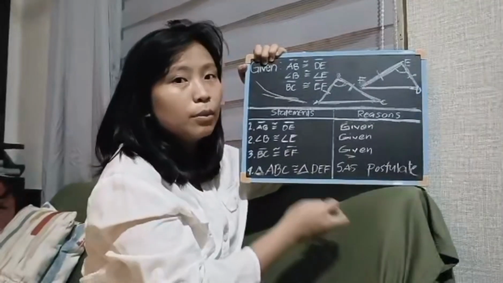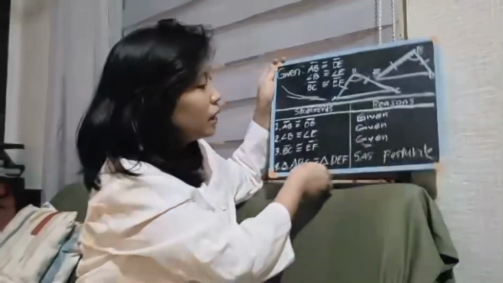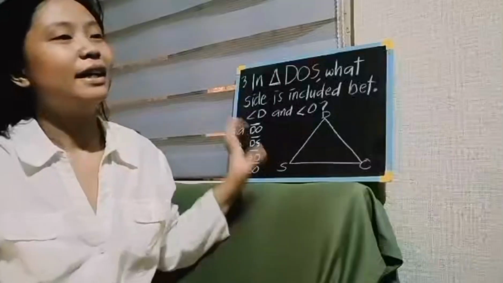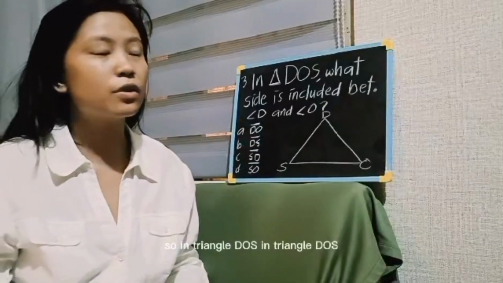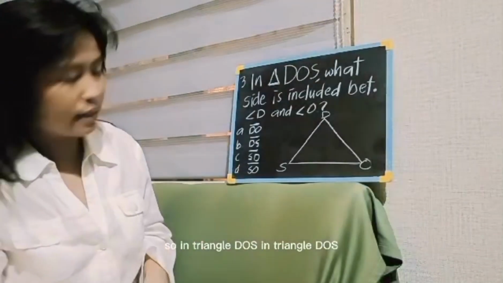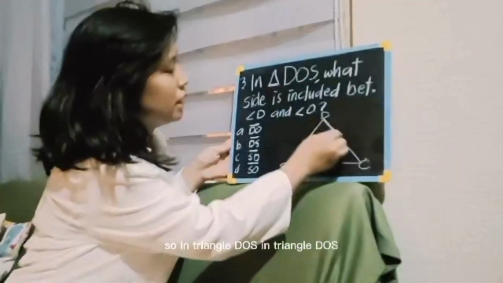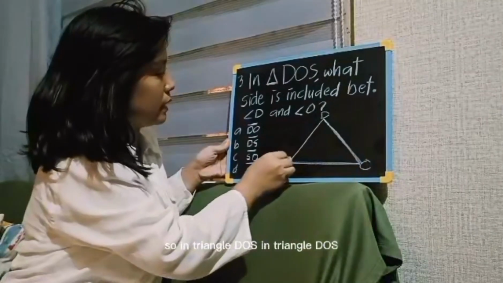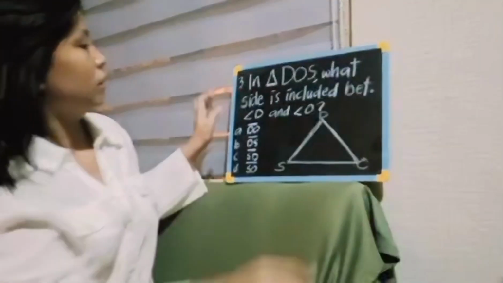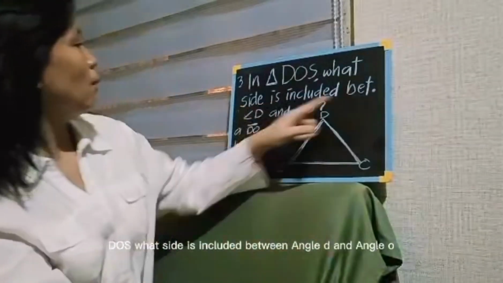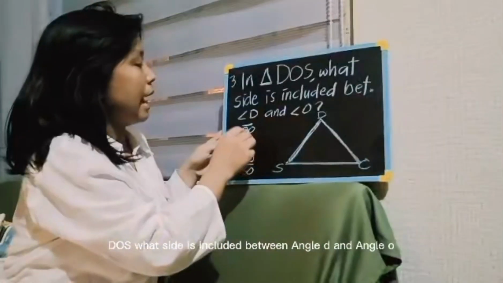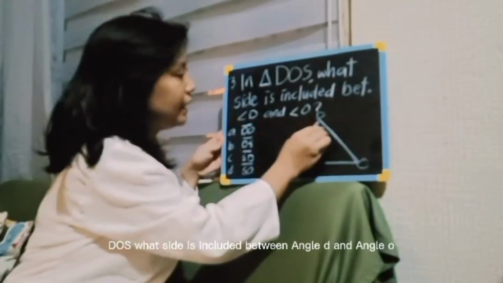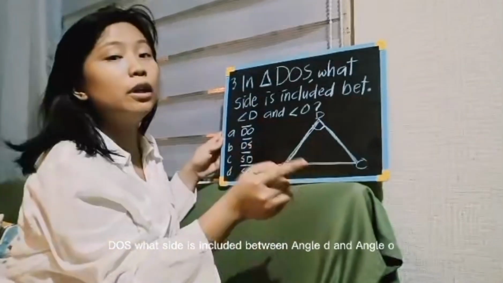So let's move on to the third example. Here's number 3 of the questions in the third quarter. In triangle DOS, what side is included between angle D and angle O?